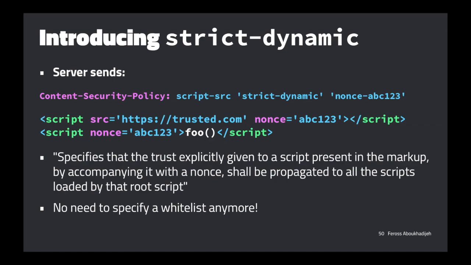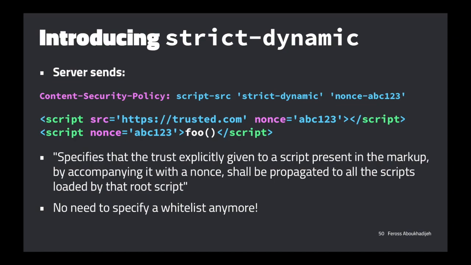So now we're going to load some code from trusted.com in this example. But how do we know that we can trust this script? How do we know this script is not attacker-injected code? Well, the HTTP header here included a nonce. In this example, it was ABC123. This is just a random value that the server chooses. And then it's telling the browser, look, any script that you see in the page must include nonce equals that value, ABC123.